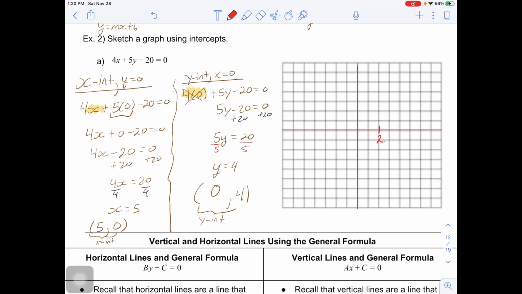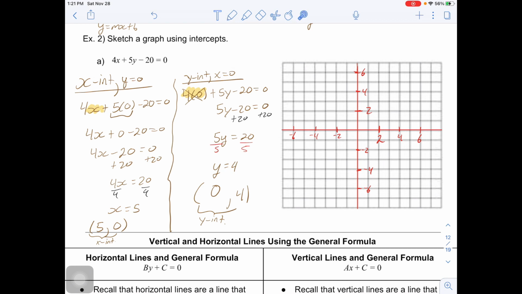So this will be 2, 4, 6, negative 2, negative 4, negative 6 on both axes. And now we can plot.